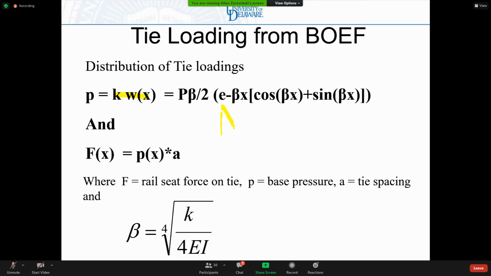Let's go back and remember our units. The K is in newtons per millimeter, or newtons per millimeter squared. If I take K and I multiply it by my deflection, W, which is in millimeters, I end up with a term that's newtons per millimeter.